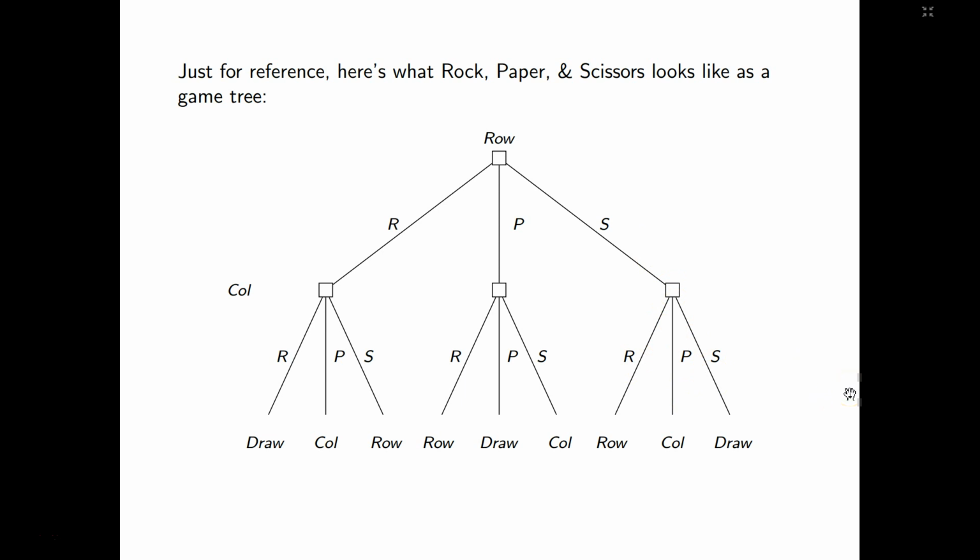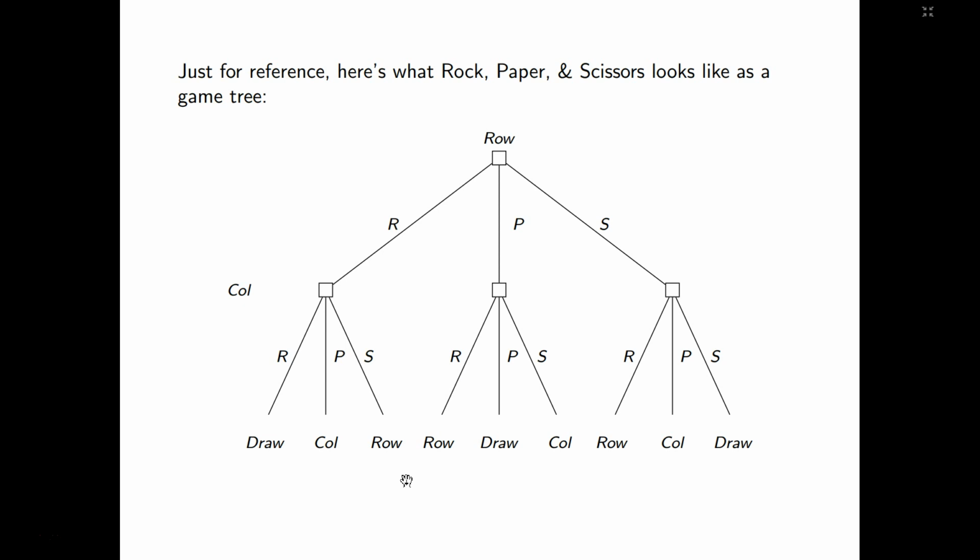Now, what's a little bit misleading about looking at this in a game tree is that it looks like there is a sequence of moves. First row goes, then col goes. And if that's the case, if row chooses rock, well, col would be crazy to choose anything other than paper, because paper covers rock. And so col would guarantee themselves a win. But that's not what we're looking at here.